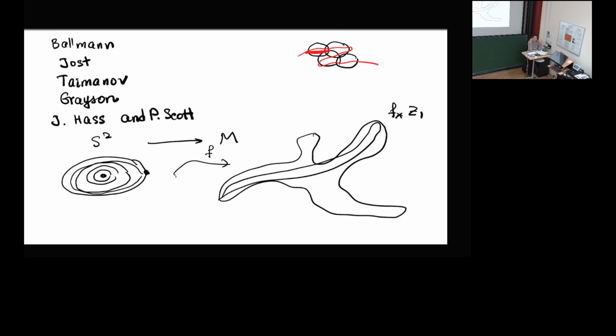It's unclear, right? So the first thing that we are going to do, we are going to start off with a round sphere. And we are going to represent those cycles by something else, by something homologous, okay? So what is it going to be? Well, okay, so instead of this guy, this is a sphere.